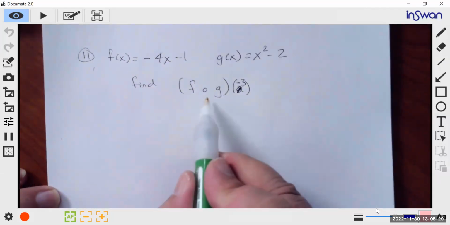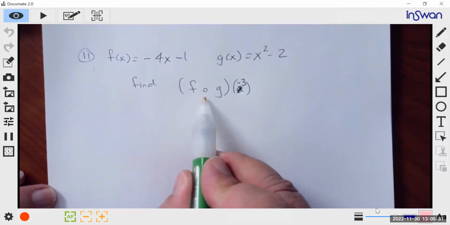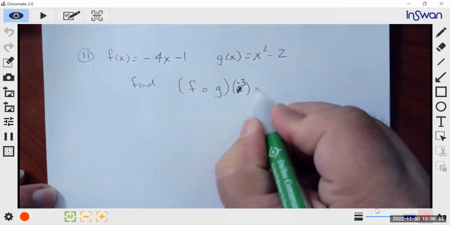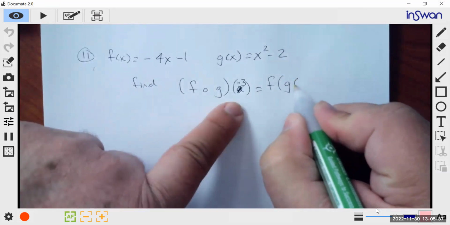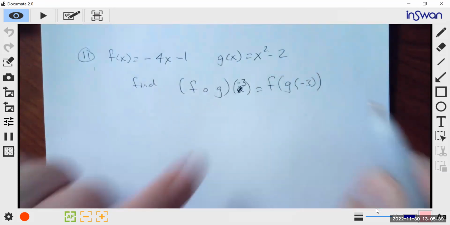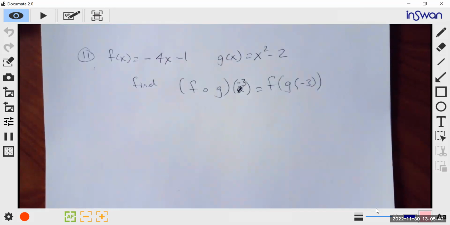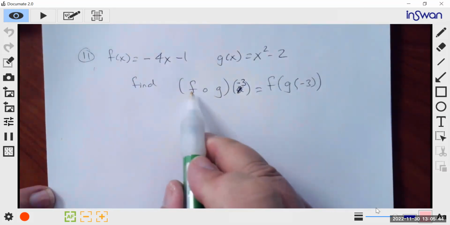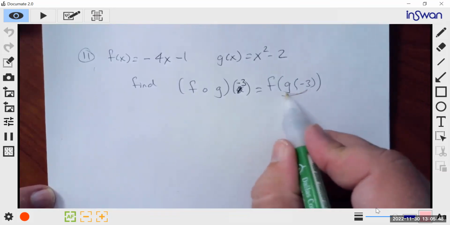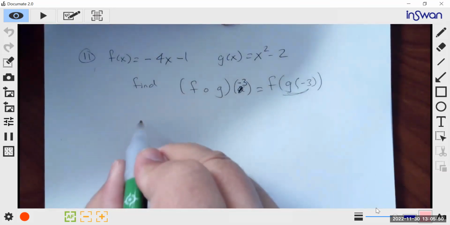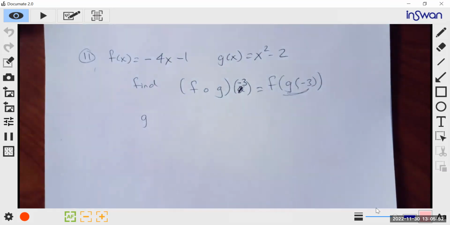Now there's a difference. This means it's a composite function, the little circle in the middle, which means it's the outer one and the inner one. It means f of g of x. So we have to first find g of negative 3, because we have to work inside out.